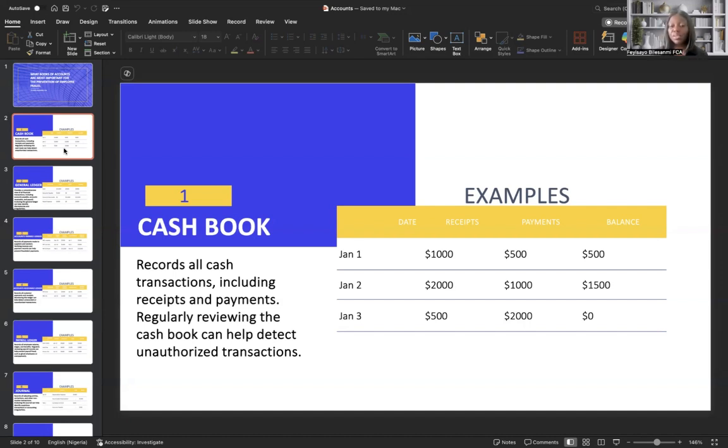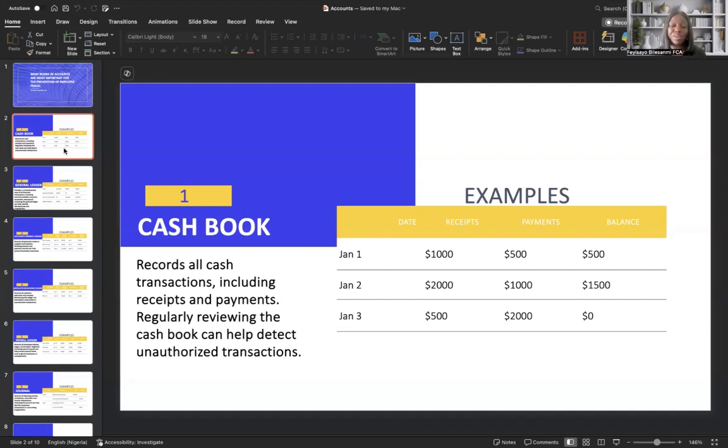And you could see the last one, you had 500 received, 2,000 was spent. That means the 1,500 that was in the account previously, plus the 500 receipt that was received, and they spent everything, giving them a zero balance on the cash book.